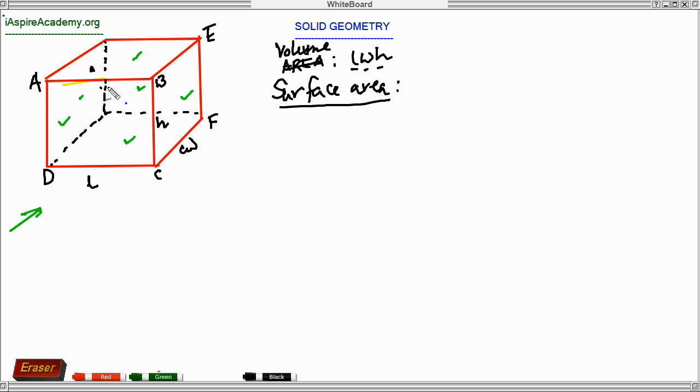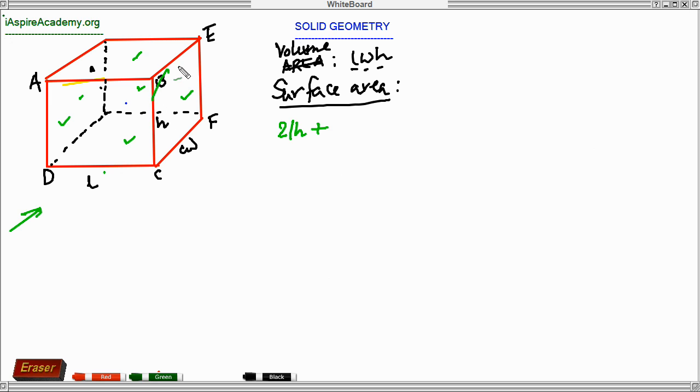If you see each of the surfaces, this A, B, C, D from the front side, the surface area is L times H. At the back there is also a similar surface, so we have 2LH. Let me write it down: 2LH plus, now we have the side surface, which is W times, what is the length of this?